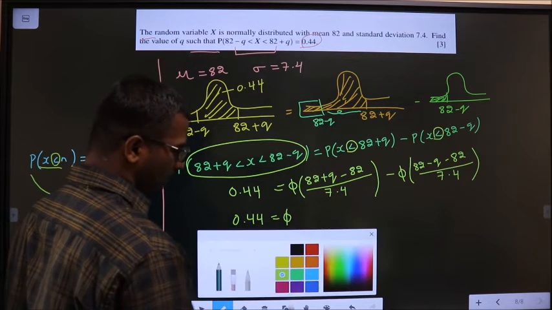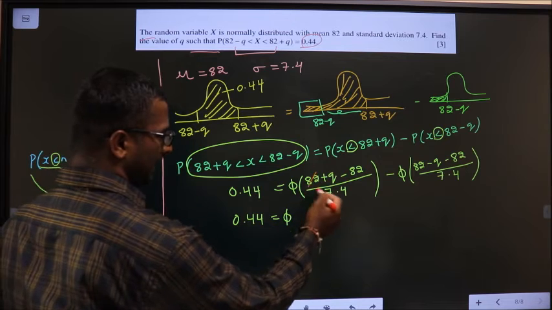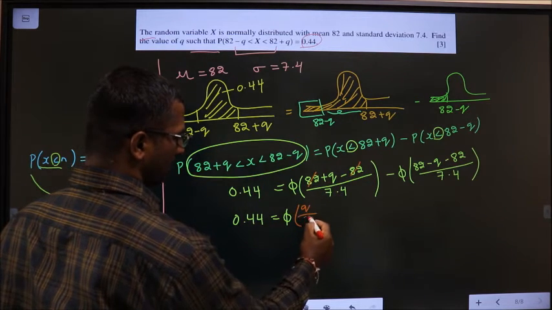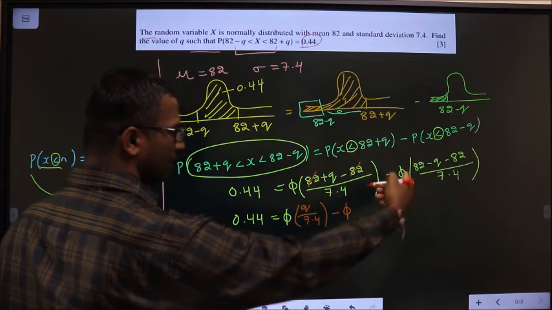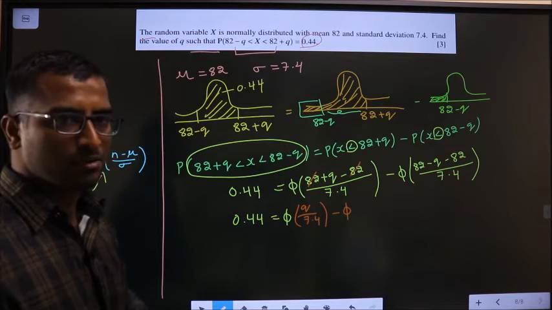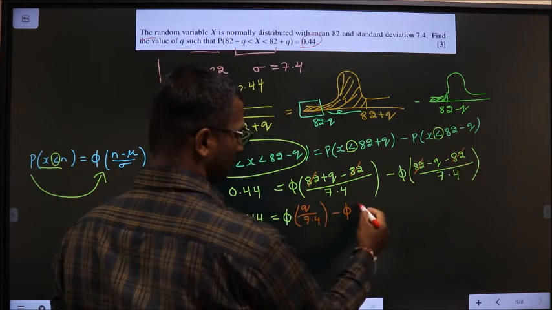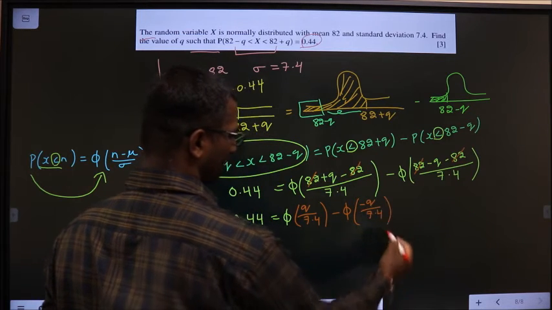Now how will I simplify it? Cancel plus 82 and minus 82. I get q by 7.4, minus, and there also plus 82 and minus 82 cancel out. I get minus q by 7.4.